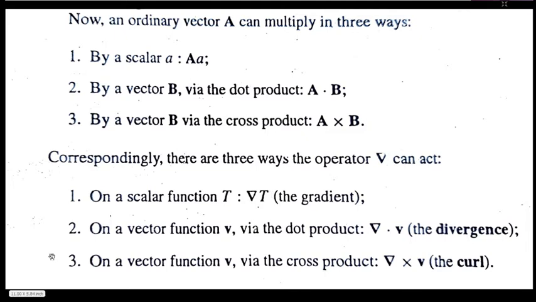If the del operator is applied as a dot product with reference to the vector v, then it would be written as del dot v. There is one more option with multiplication with a vector: the del operator with a cross product, and that would be del cross v.